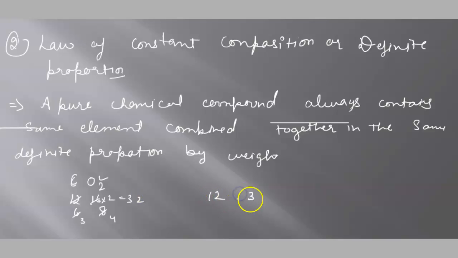So the ratio of 12 to 32 is 3:8, since 4 threes are 12 and 4 eights are 32. So carbon dioxide always exists in the ratio 3:8. In water, hydrogen is 2 and oxygen is 16, so the ratio is 2:16, and water is always in the ratio 1:8.